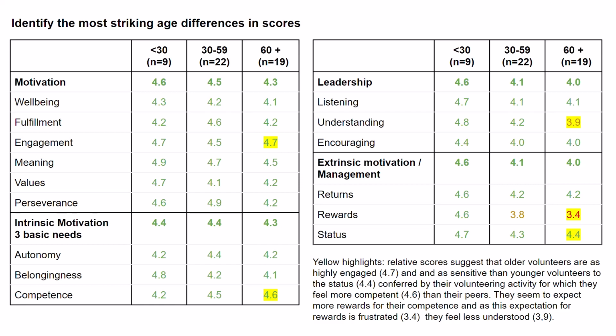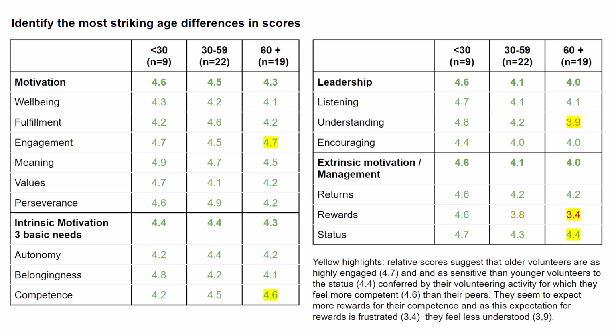So the relative scores suggest that older volunteers are as highly engaged at 4.7 and as sensitive as the younger volunteers to status, the status conferred by their volunteering activity for that national society. They feel more competent than their peers. They seem to expect more rewards for their competence.